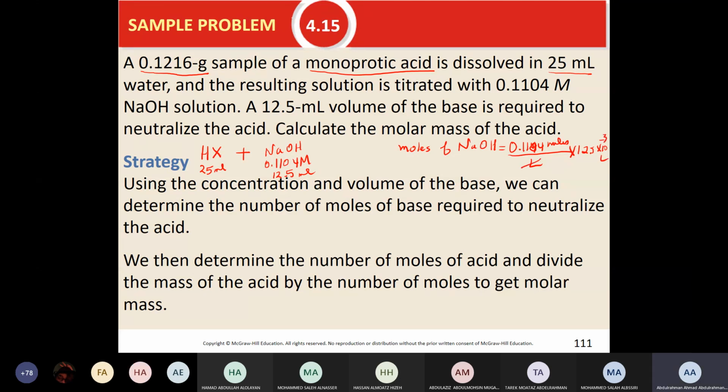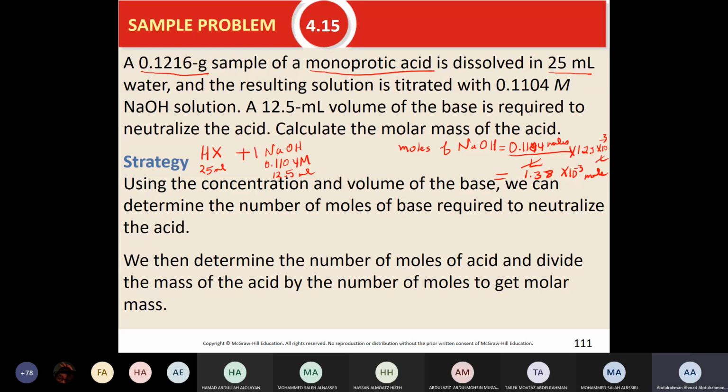The liter will go with the liter, and you have the answer in moles. What's the answer? 1.38 times 10 to the power of minus 3 mole. Good. How many moles of HX do we need?